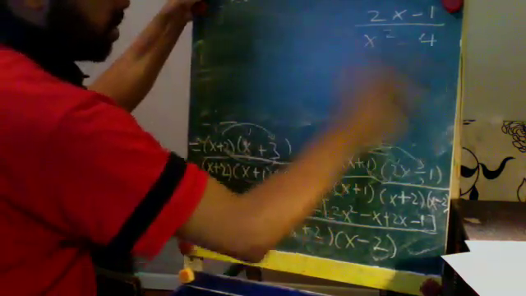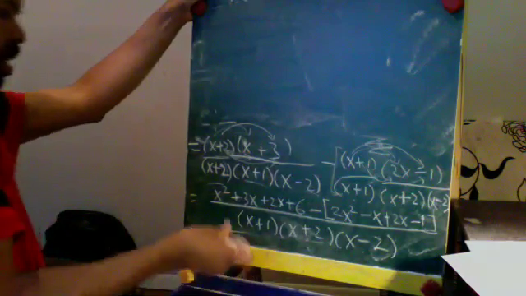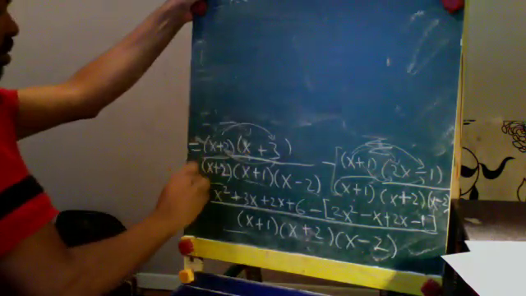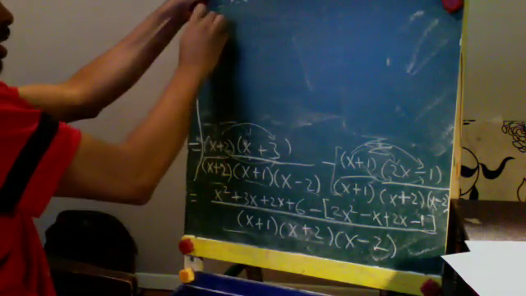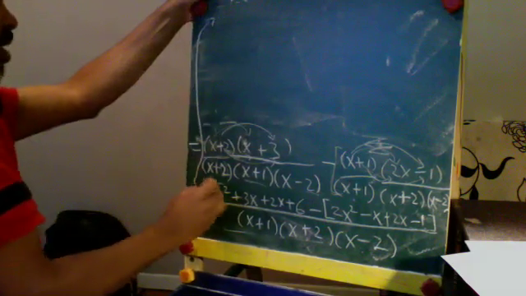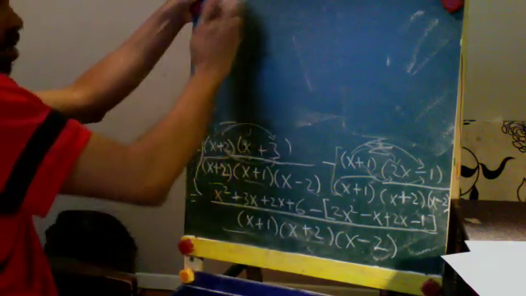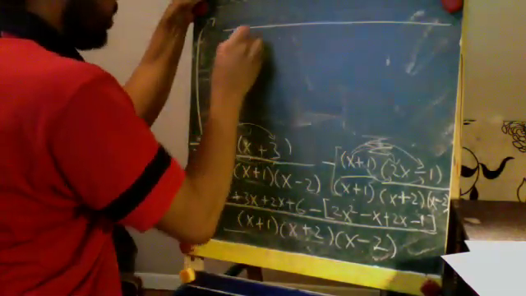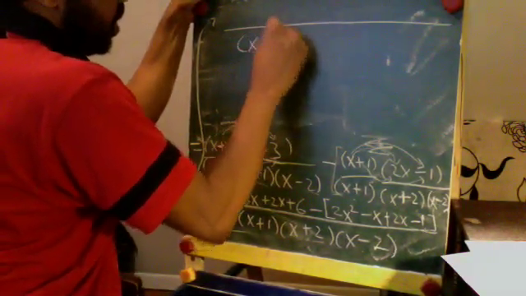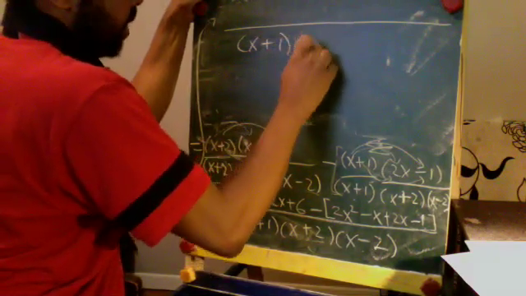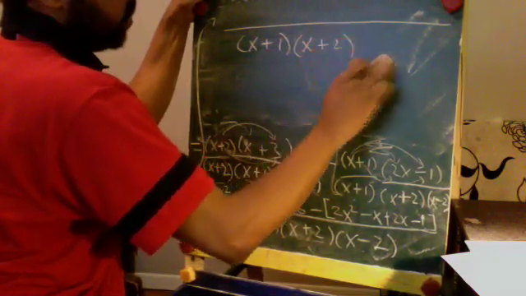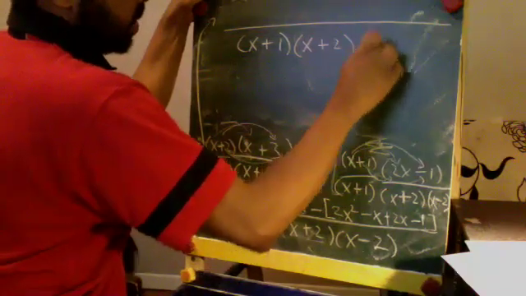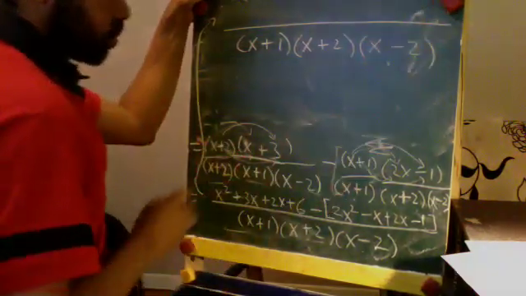I still have the same denominator: x plus 1 times x plus 2 times x minus 2.